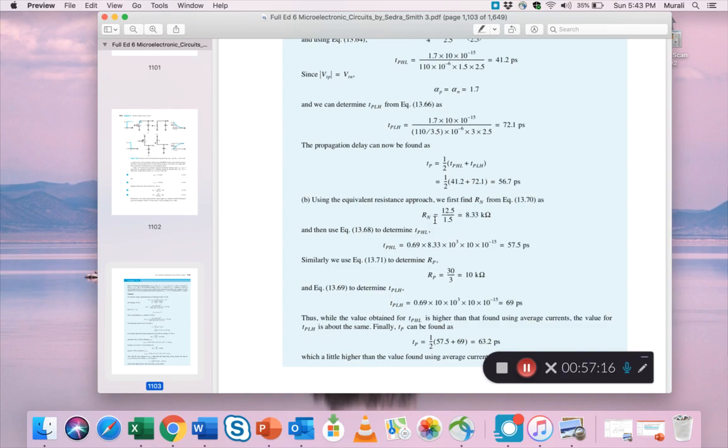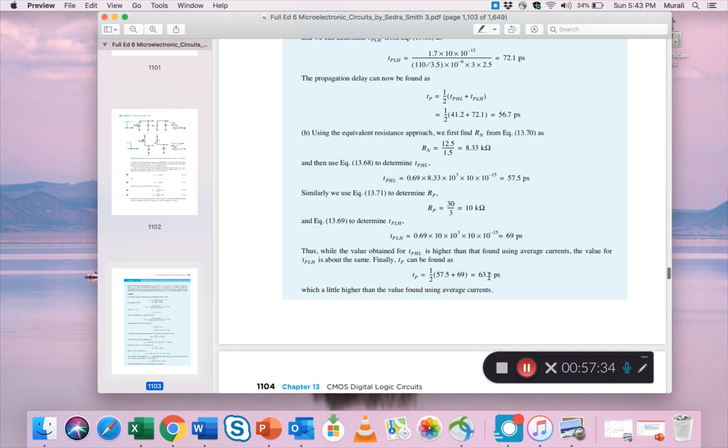The C value is given, the R value we just found, you multiply that by 0.69 and you get 57.5, which is slightly higher than the previous method. Similarly, you find tPLH, which is 69, and here it was 72. Then the average here comes out to be 63, while previously it was 56 by the other method. So these are the two methods.